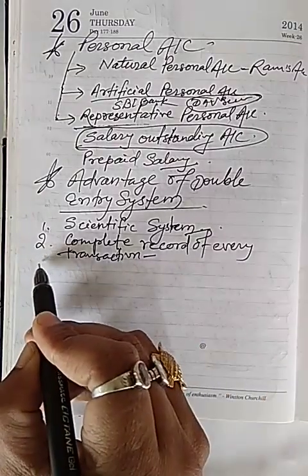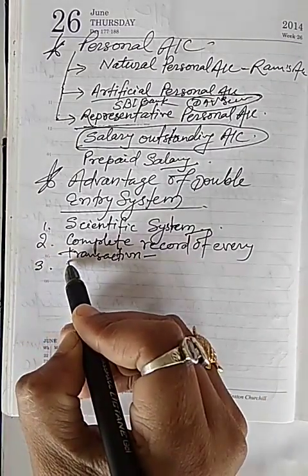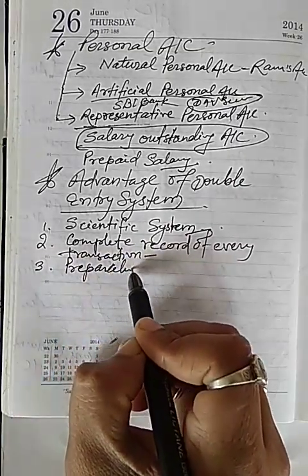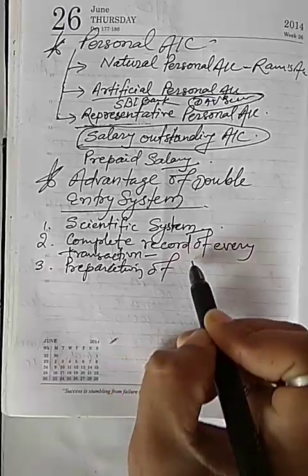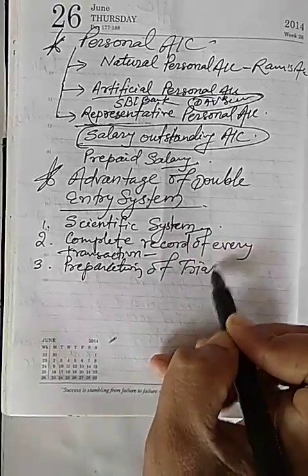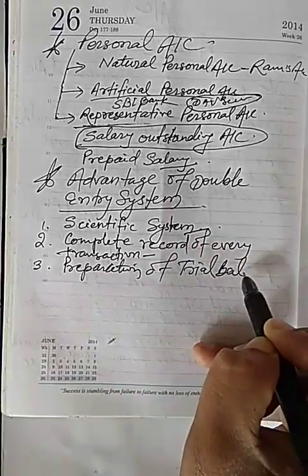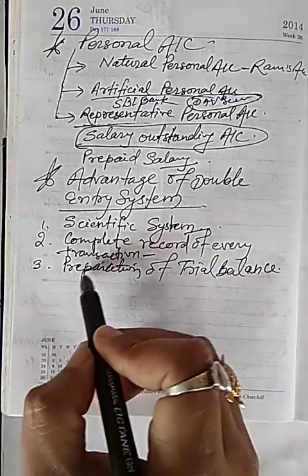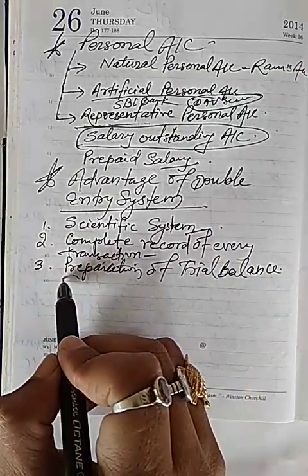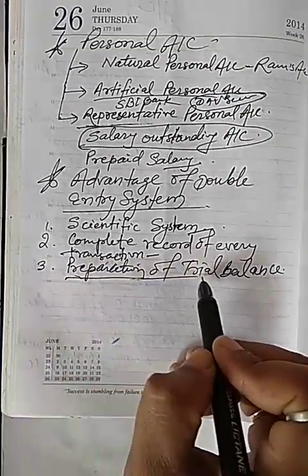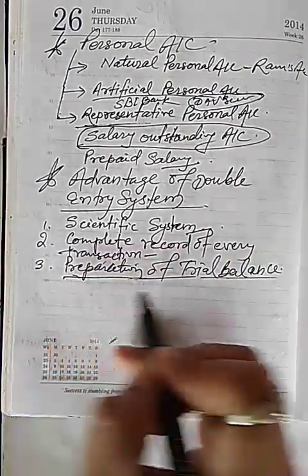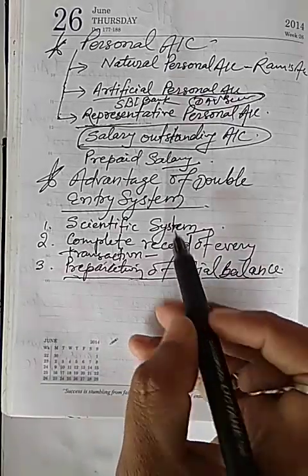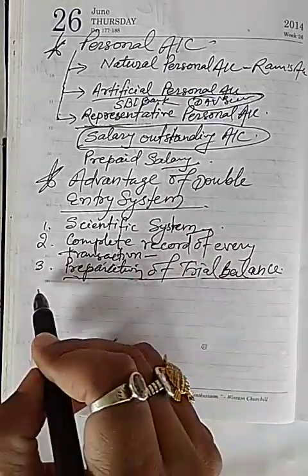Now, third is preparation of trial balance. I have just explained preparation of trial balance in the characteristics of the double entry system.